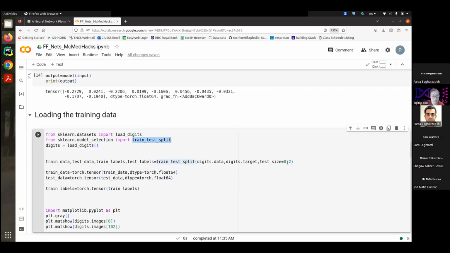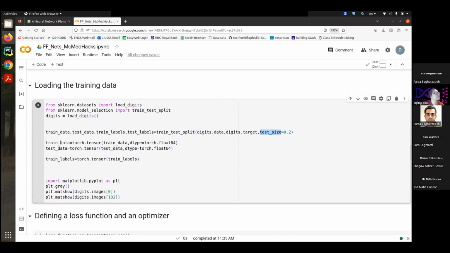So I'm choosing 20%, and I'm holding out 20% as my test, and the rest for the training. So I have my training data, my test data, and my training labels.